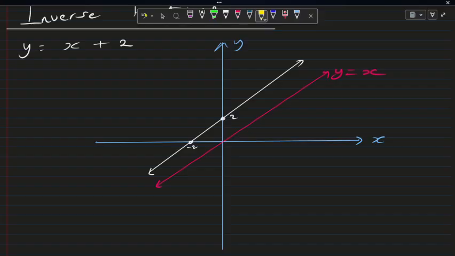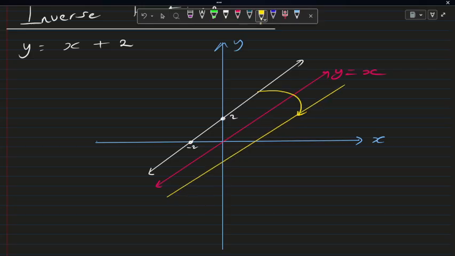So if I take this function that we have and I flip it to the other side, what will I get? I would get a straight line that is something like this.